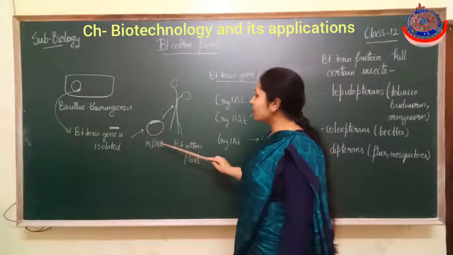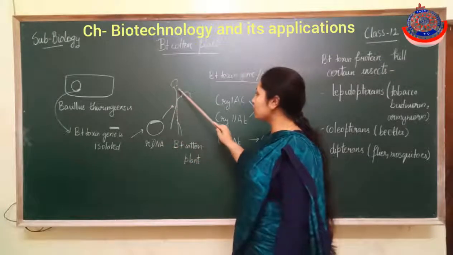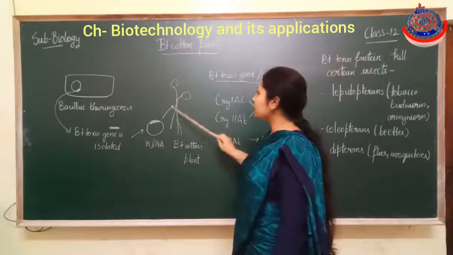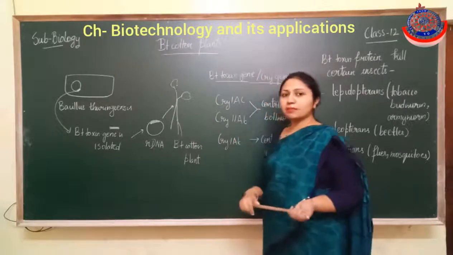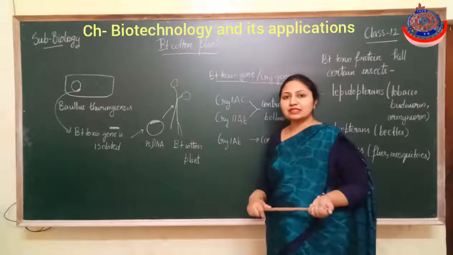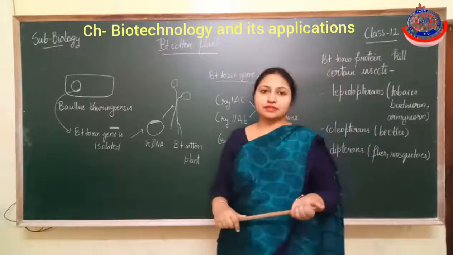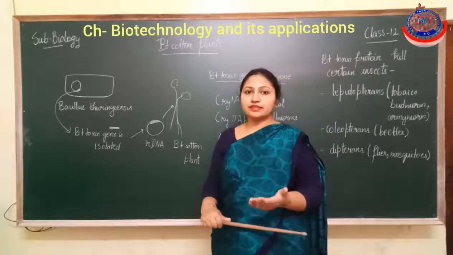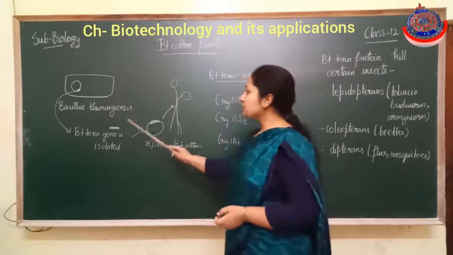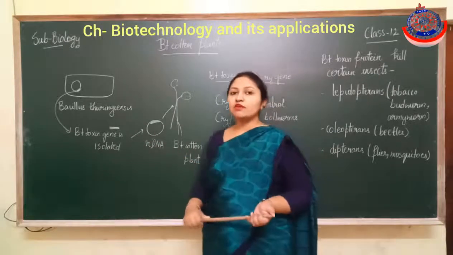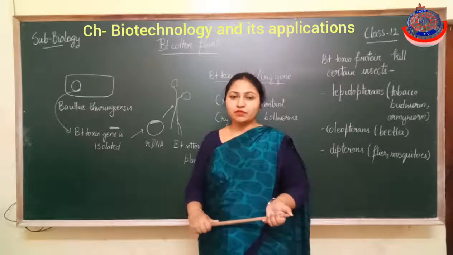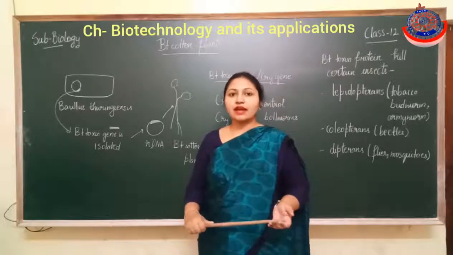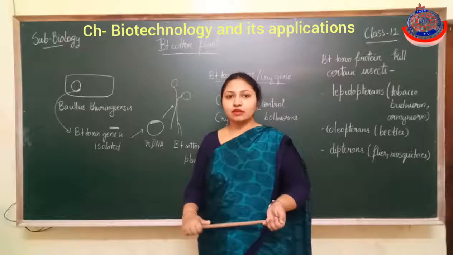And when this recombinant DNA is transformed into the plant, then this plant will become a BT cotton plant, which shows resistance against certain insects. Why? Because this gene is responsible for producing the insecticidal protein, which is toxic in nature and kills the insects.